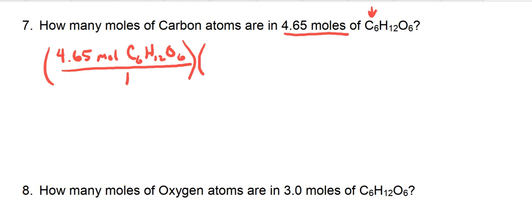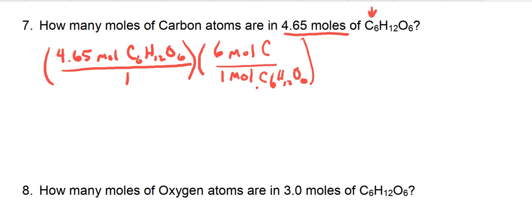So we're going to take 4.65 and our 6 moles of carbon for every 1 mole of C6H12O6. Put that in parentheses and cancel the moles of C6H12O6.